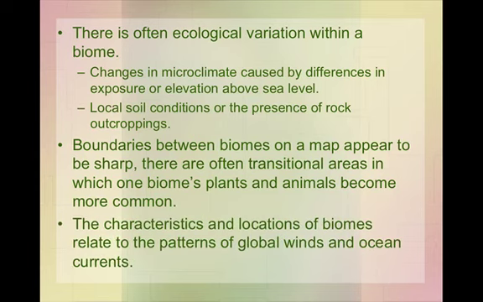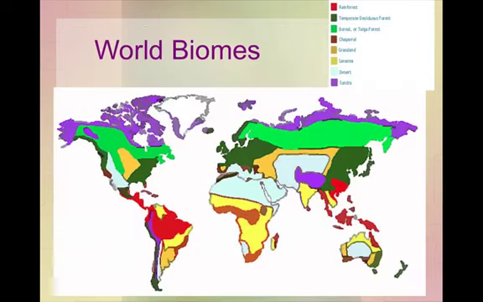The characteristics and locations of biomes relate to the patterns of global winds and ocean currents. And this is something, once again, that we talked about in section 4-1. And here is a picture of some of the different biome areas. And we talked about in the first podcast 4-1 that latitude, and remember latitude goes across, plays a huge role in the different zones.